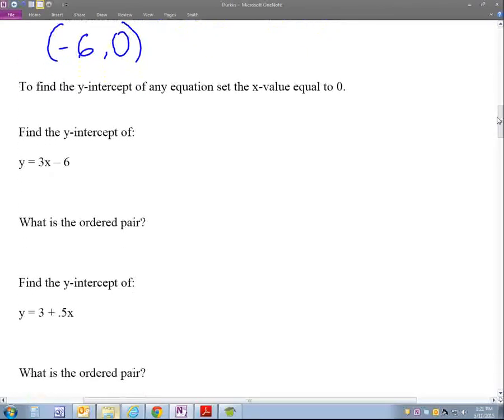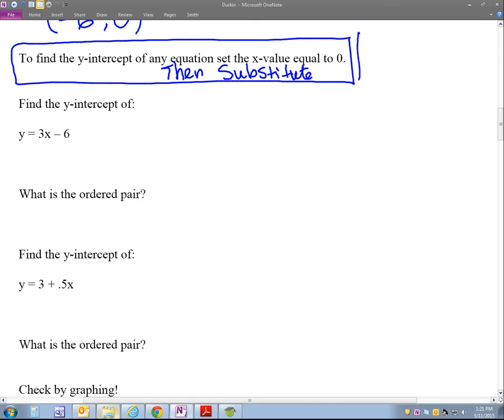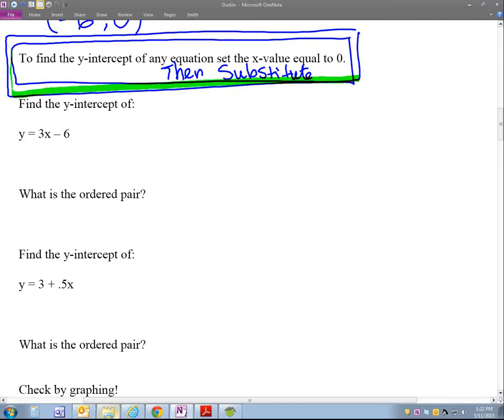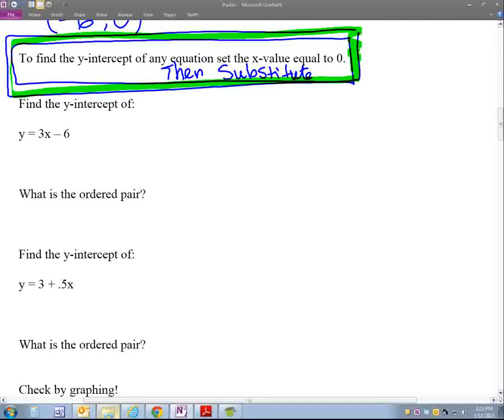Let's go the other way now. To find the y-intercept, set the x value to 0, then substitute. And I'm going to highlight this because that's something I need to memorize for Friday's test. So now it's the other way around. When I'm looking for y, I put x as 0.